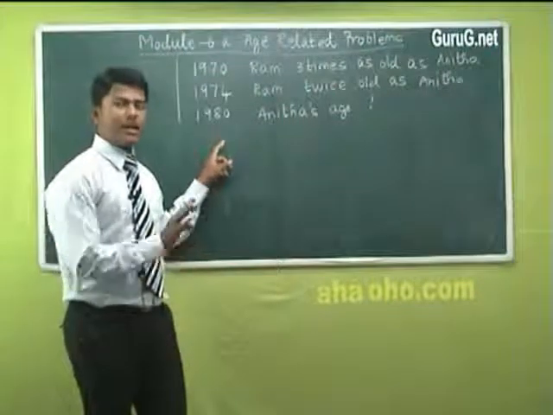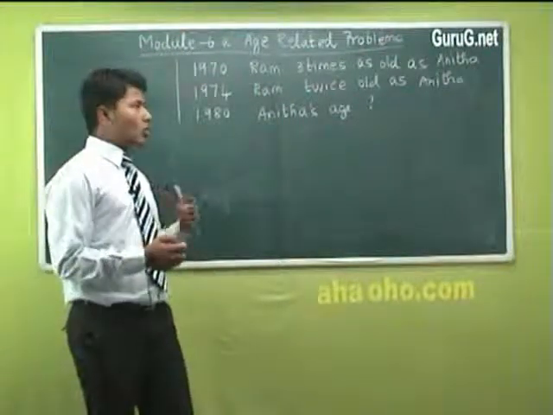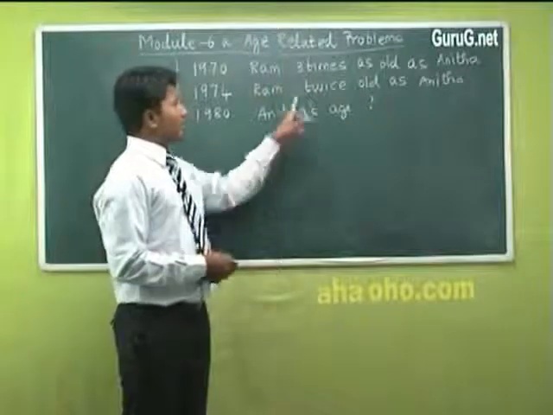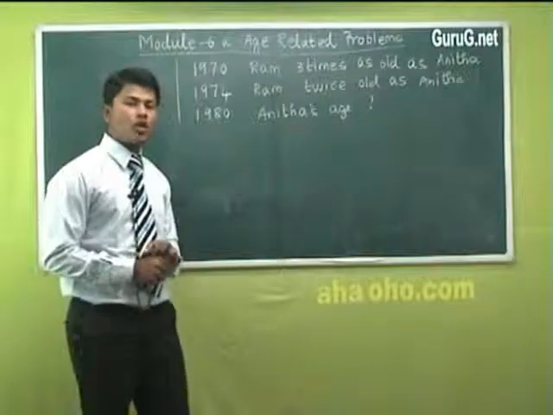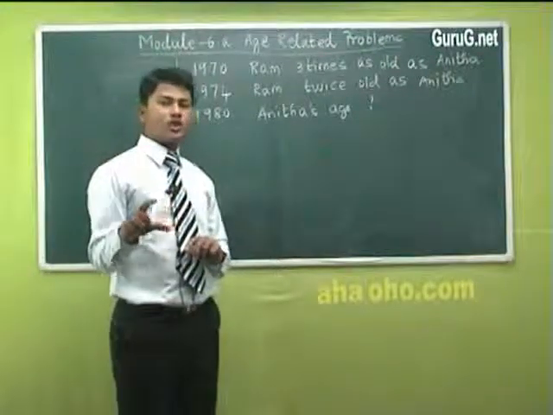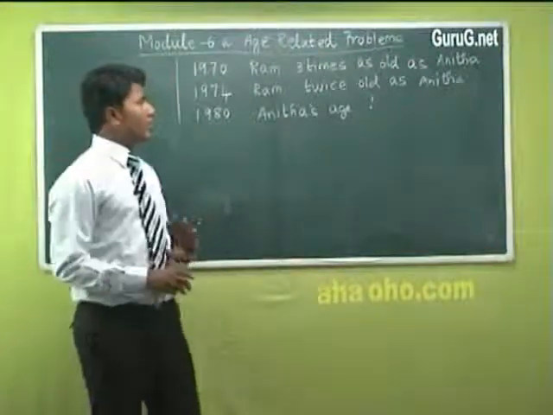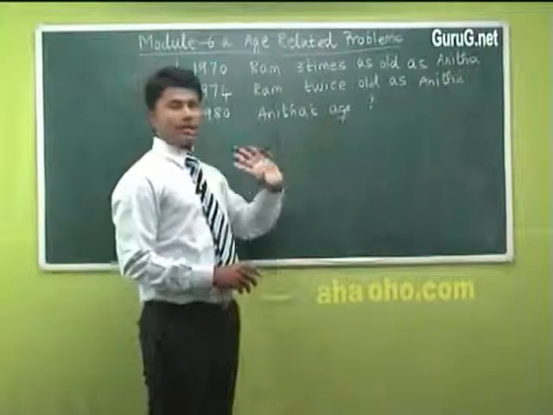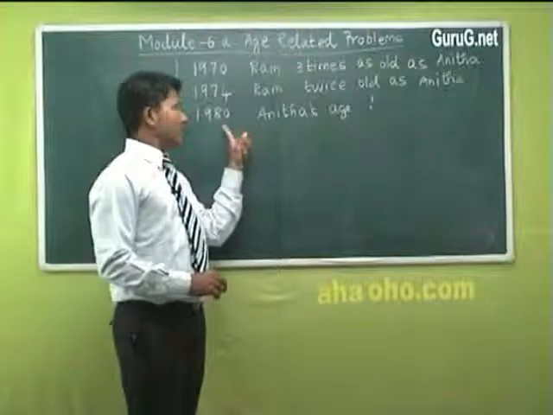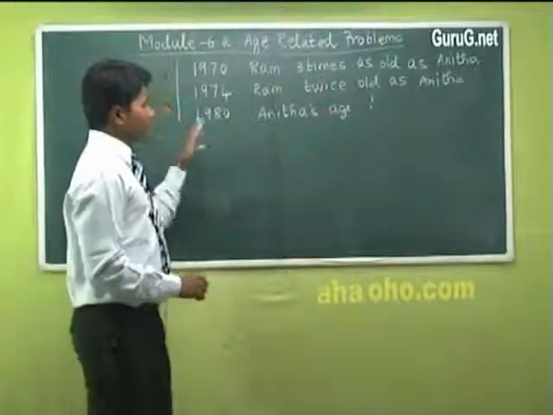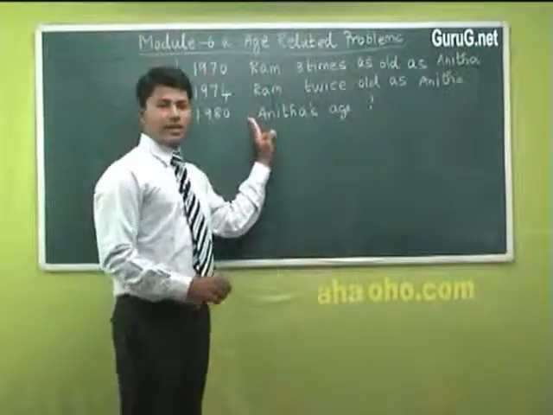As I said, in any word related problem, look for the operational words. 3 times as old as Anita means we need to formulate a multiplication operation. We need to find the age of Anita in the year 1980.